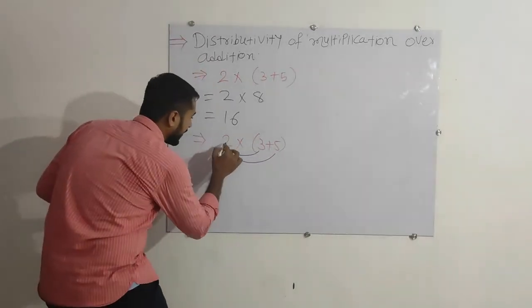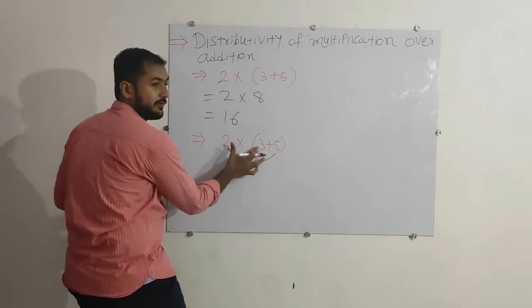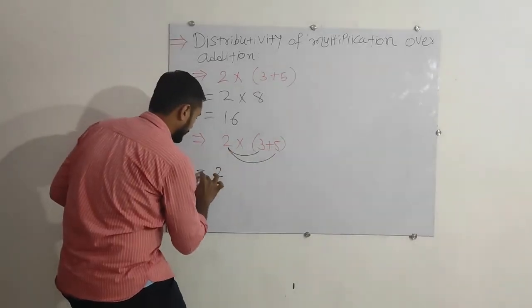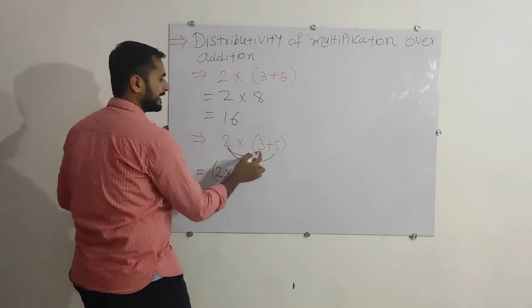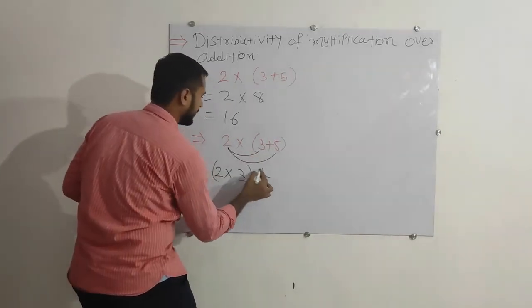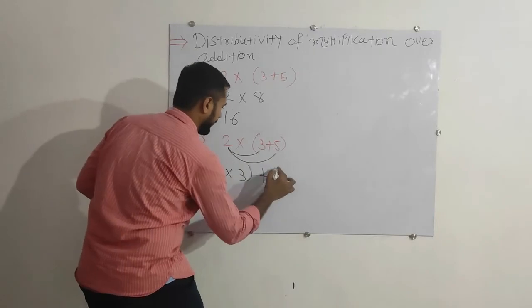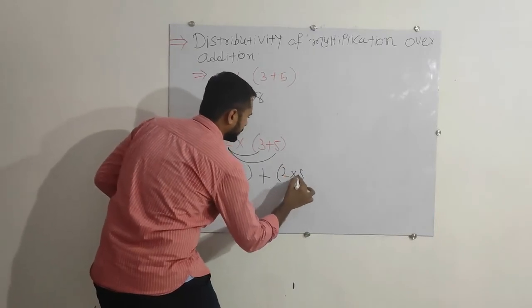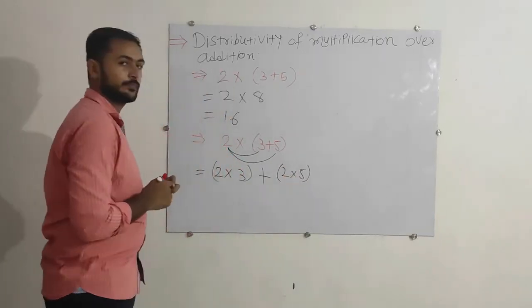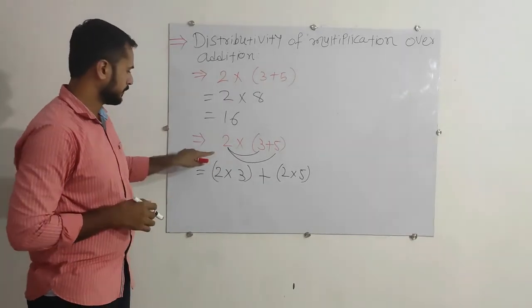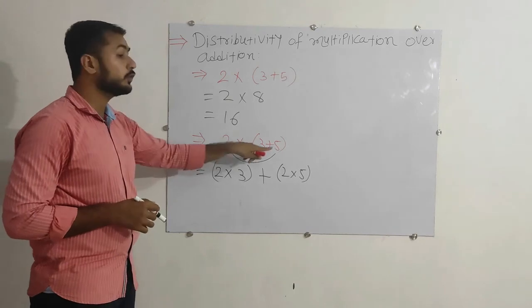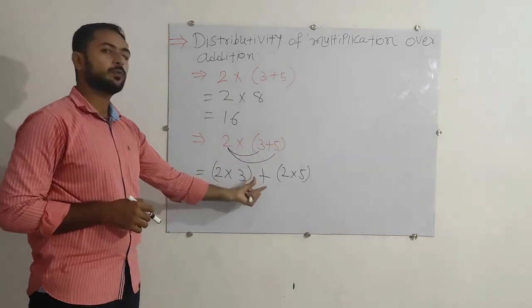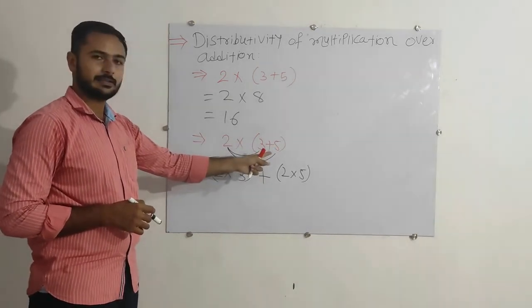First I will multiply with the 3 because that's the first one. So 2 multiply by 3. Which sign is here? Addition, so put that. Again, 2 multiply by 5. Once again, 2 will multiply with 3 first, then 2 will multiply with 5, and in between there is the addition sign, as it is here.